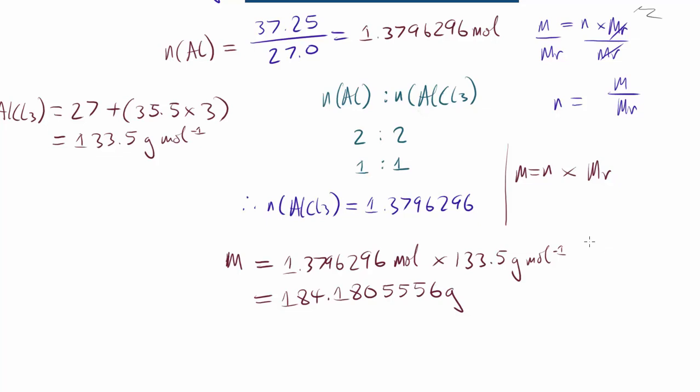So we need to round it to what it needs to be, and that's going to be 184.18 grams. So to 2 decimal places, the answer is 184.18 grams.